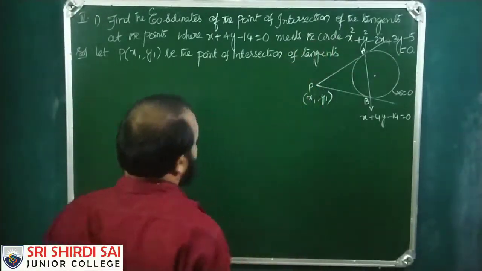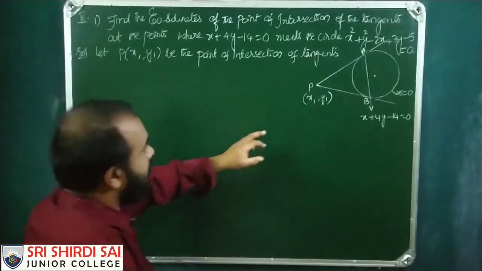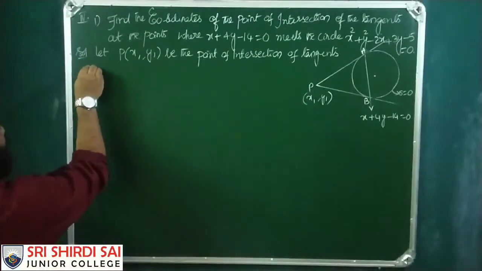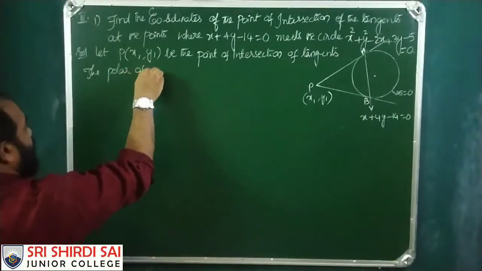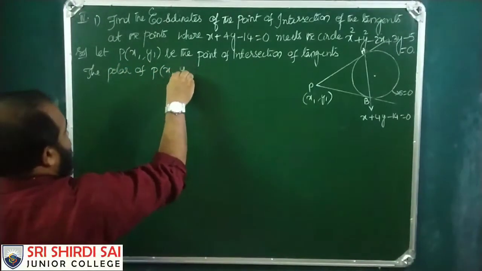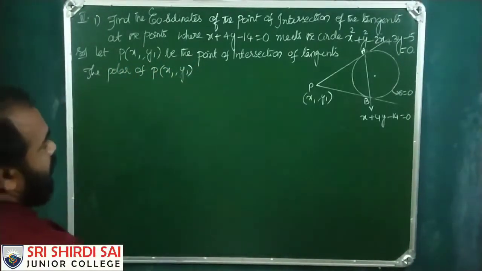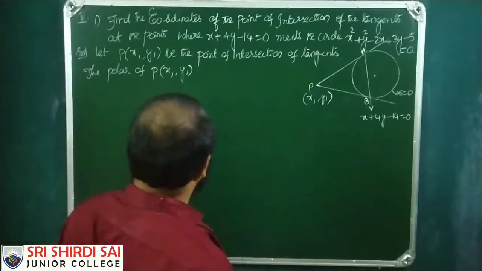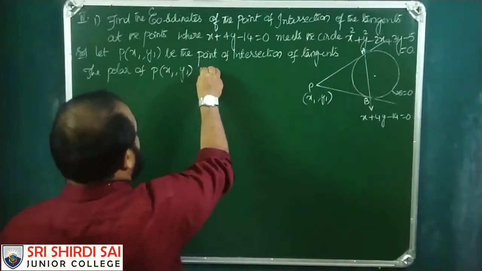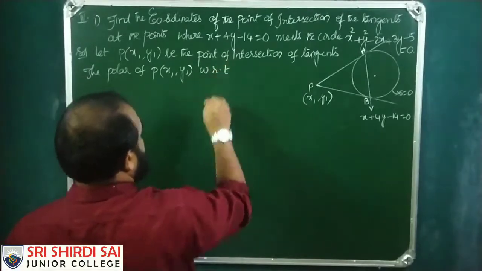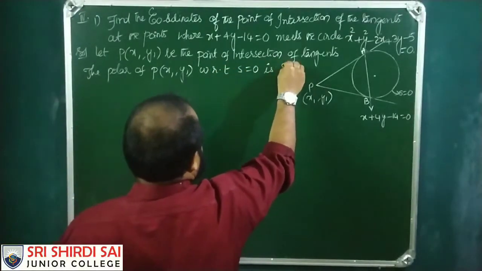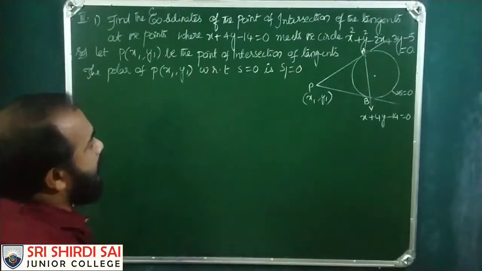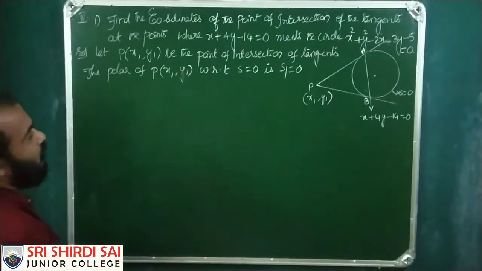So the polar of P(x1, y1) with respect to the circle S = 0 is S1 = 0. So what is S1 = 0?